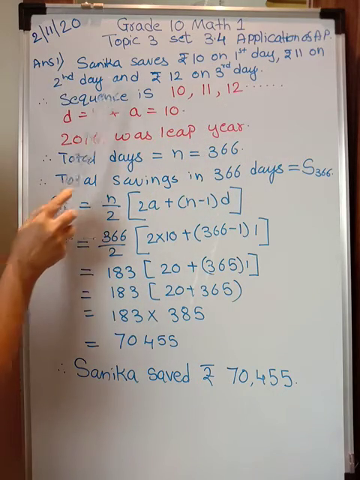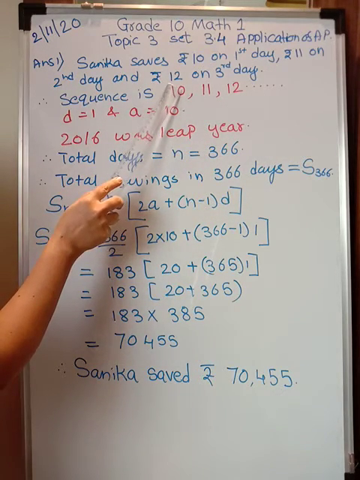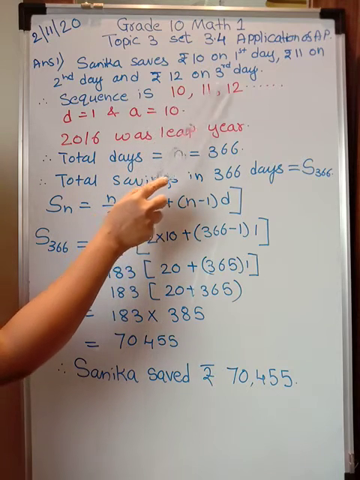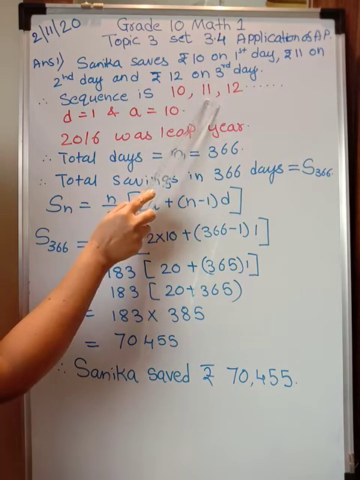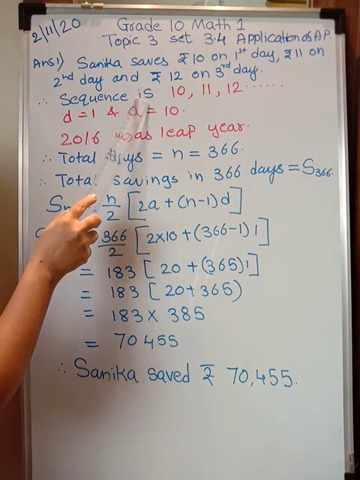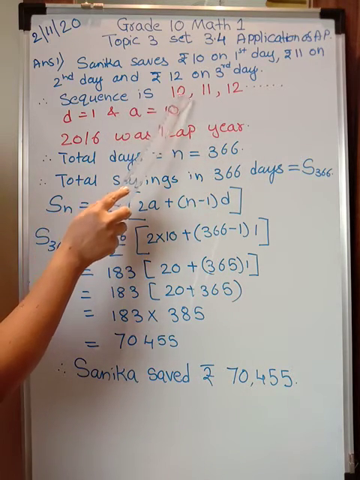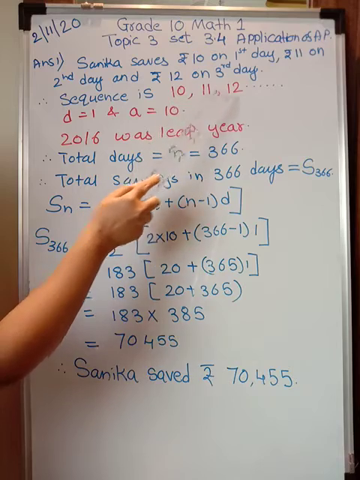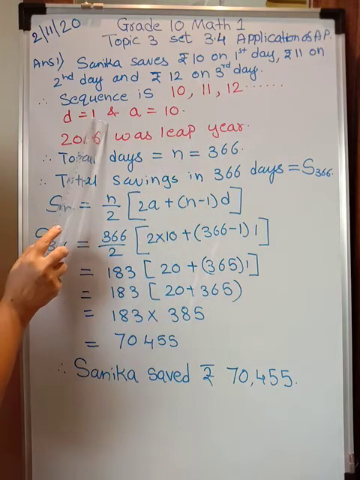On the third day she is saving rupees 12. That means what is the sequence of saving? First day, second day, third day: 10, 11, 12. So this itself gives you the sequence, an arithmetic progression, where the first term is 10 and d, the difference between any two consecutive terms, 11 minus 10 or 12 minus 11, d is equal to 1.